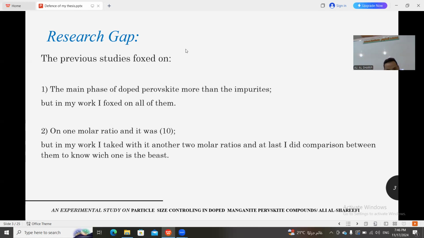And the last point was that I took more than 1 molar ratio, because the previous research focused almost only on 10 molar ratio. I wanted to test whether 10 molar ratio is the best or not by taking another 2 molar ratios, so they are 1, 5, and 10 molar ratio.